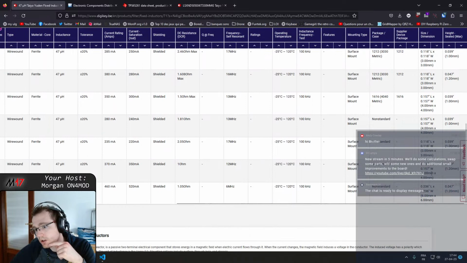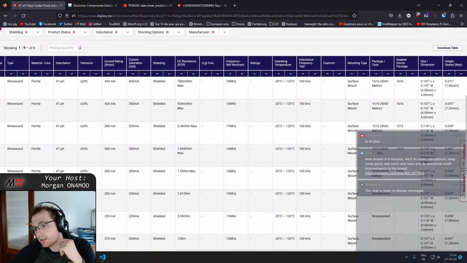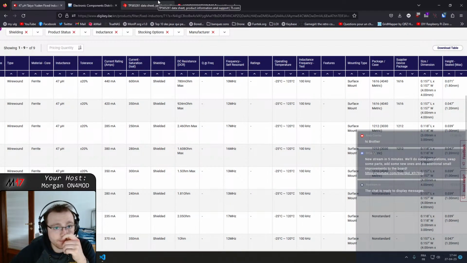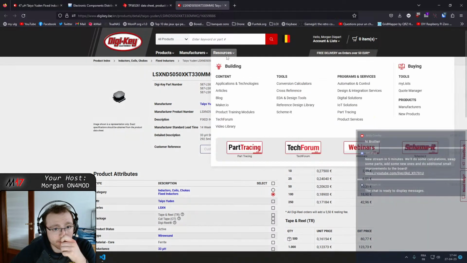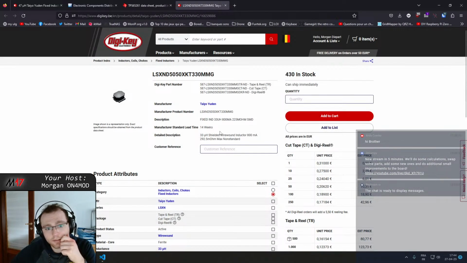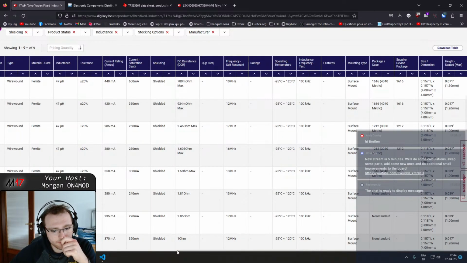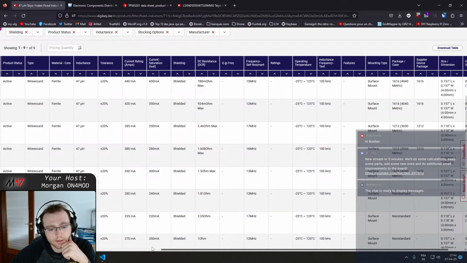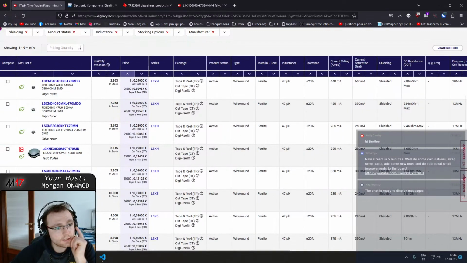This one is much larger, and all those ones are smaller. So this is the one that we picked for the 3.3 volt rail, and it's an LSXND 5050 LSXND.